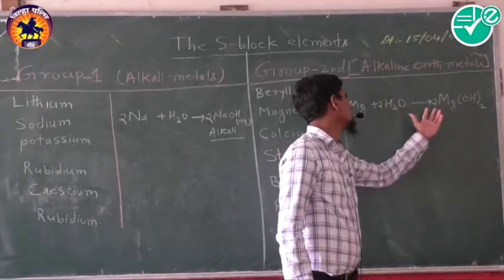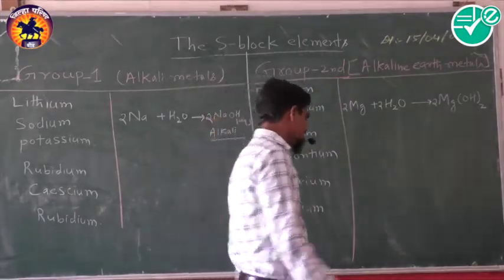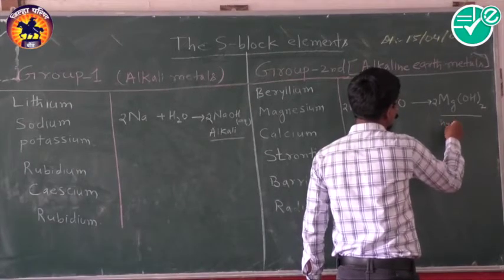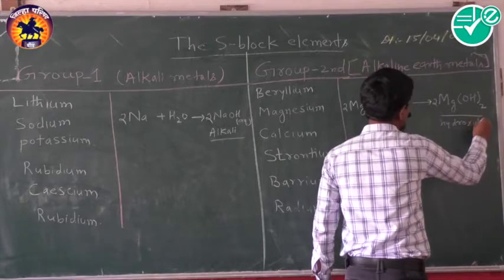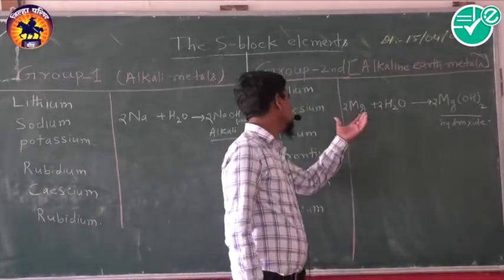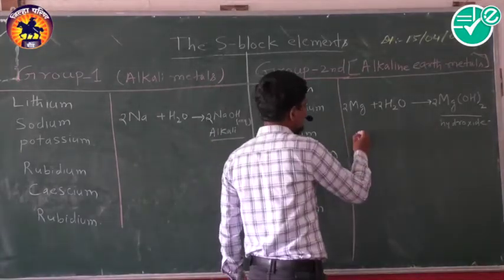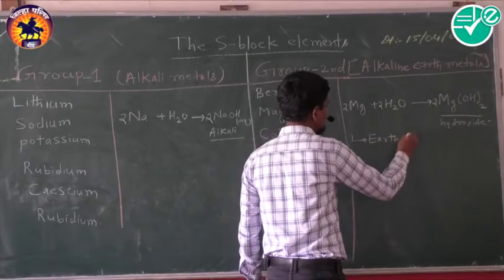And what product are you getting here? Again, it is a hydroxide, which is alkaline in nature, and whatever metals you are obtaining, you are obtaining from the earth crust.